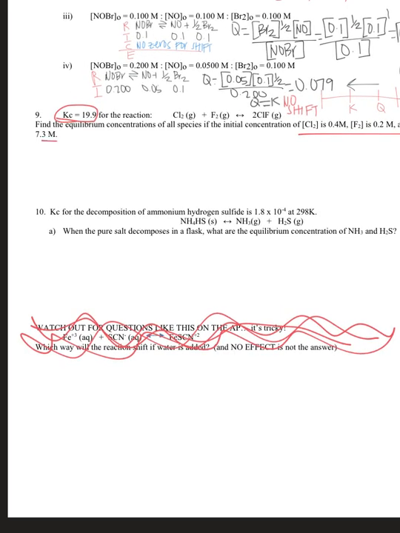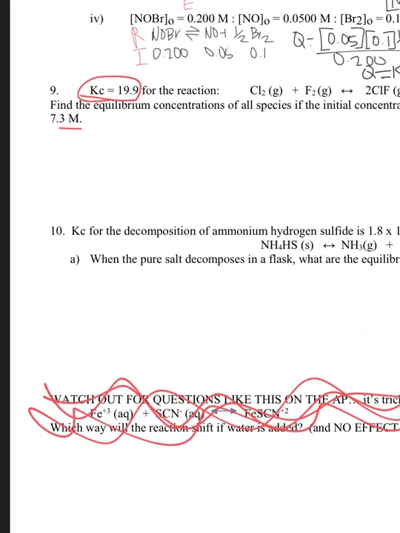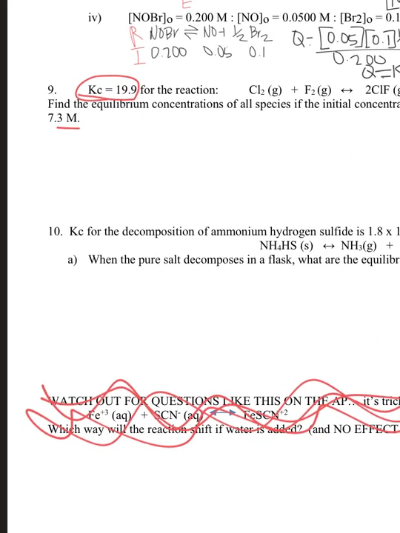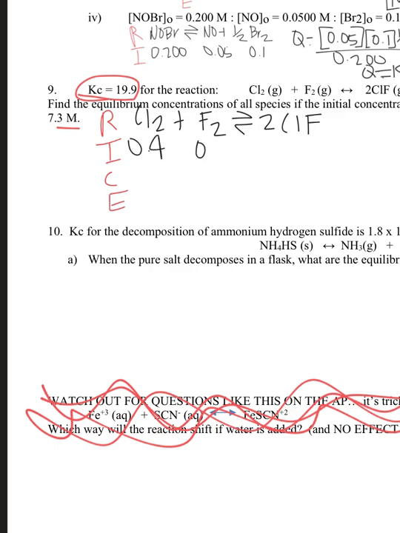So the first thing we need to do is find Q. I don't have any zeros, so I'm not really knowing what way it's shifting yet. So I'm going to do a RICE table to figure out which way it's shifting. Cl2 plus F2 yields 2ClF. I've got my initial concentrations. They gave those to me in the problem.